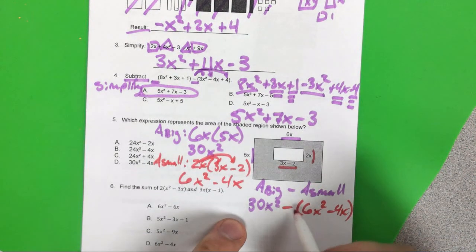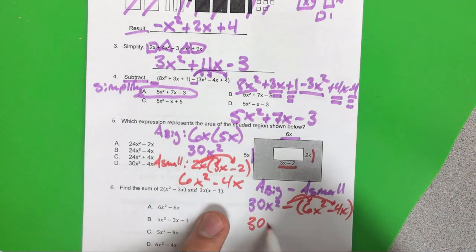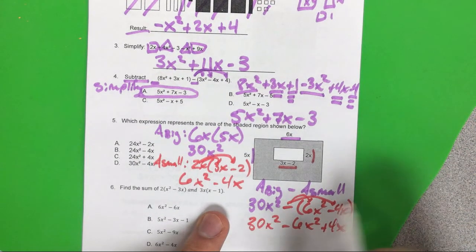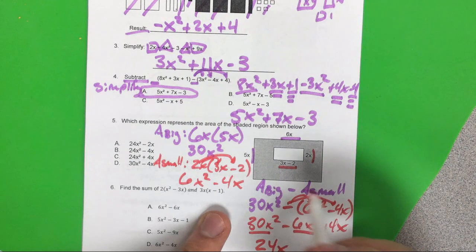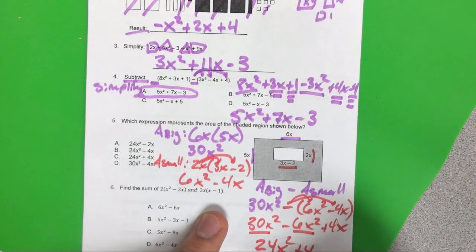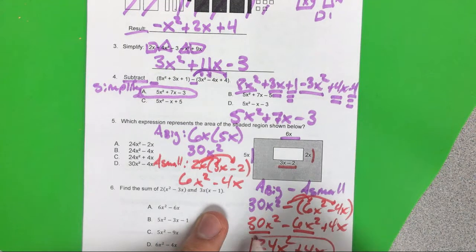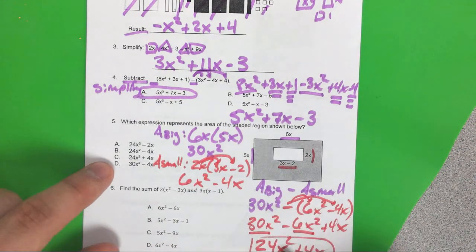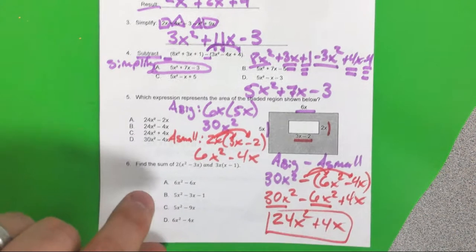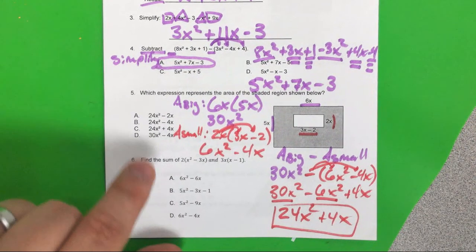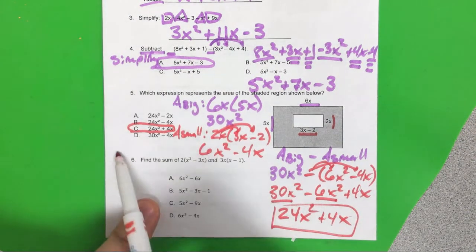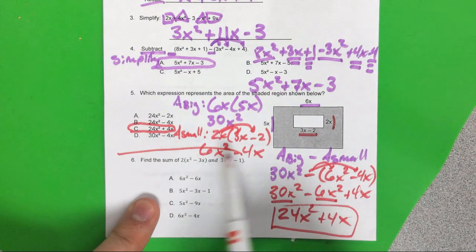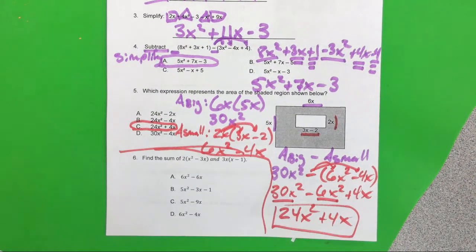So now I've got 30x squared minus 6x squared plus 4x. Both these signs change. And now I have like terms. 30 minus 6 is 24x squared, and then we've got a plus 4x. So that ended up being the answer there. So 24x squared plus 4x goes right here. That's C. So all this was for that one.